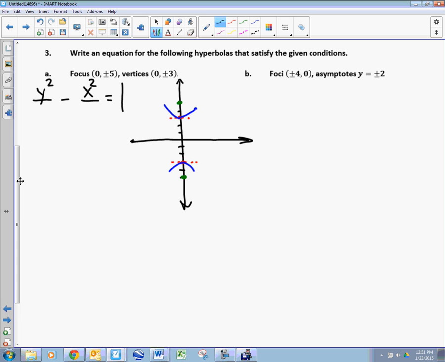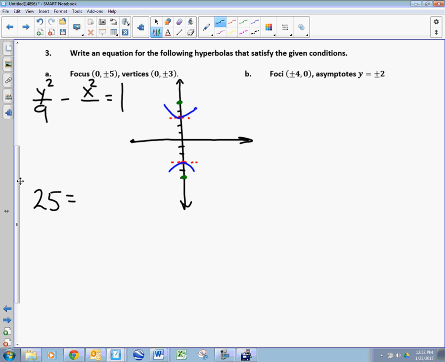Do we know how many units the box is stretched in the y direction? 3 units stretched in the y direction. So what goes under y squared? 9. Now I just have one last piece to figure out. Do you know what c squared is? C squared is 25, and because you're adding them together, it does not matter which one is a squared or b squared.